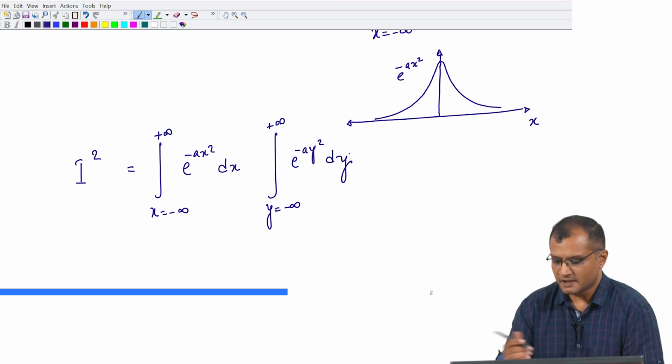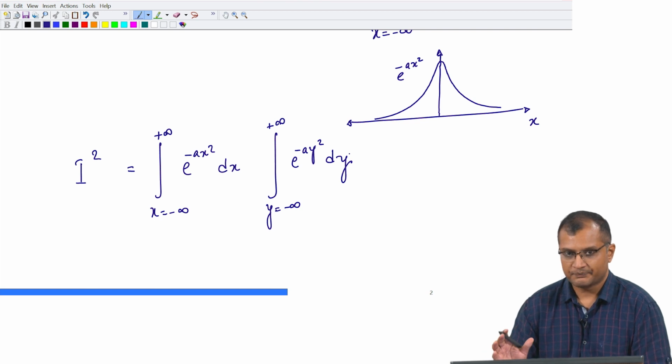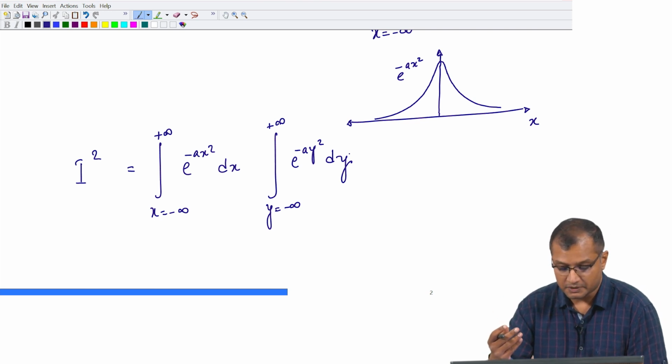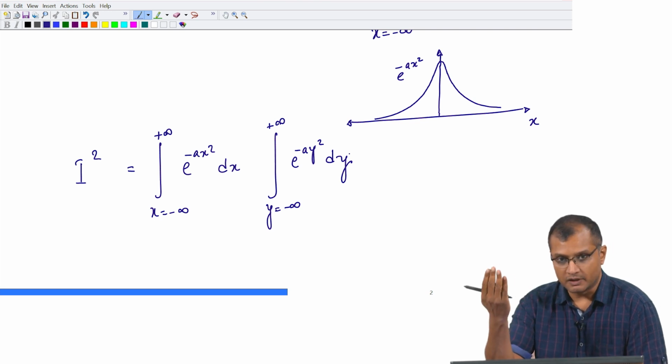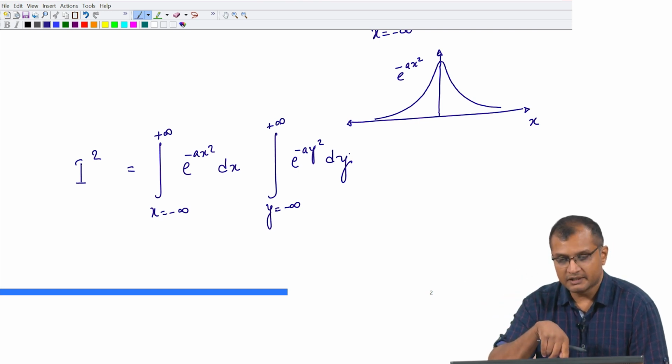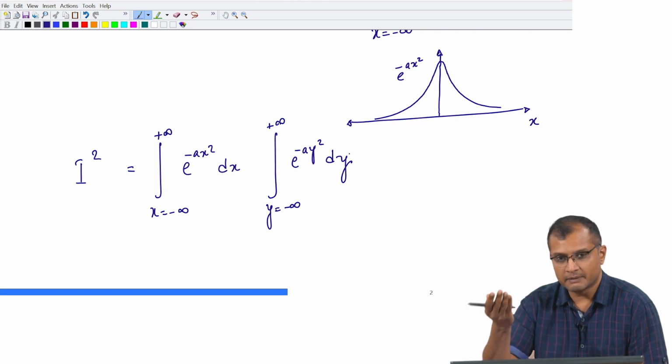The reason being x and y are independent coordinates that are integrated over, so they are serving the purpose of a dummy variable.